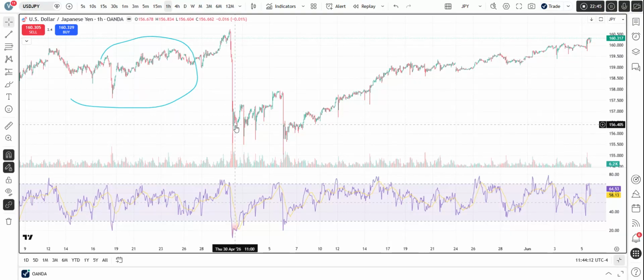But then when the buyers come in, they come in real quick. After it slows down a little bit, then the buyers come in real quick, and then it starts to move a little bit faster, but it's still not as fast as the sellers, because the sellers come in and it just drops.